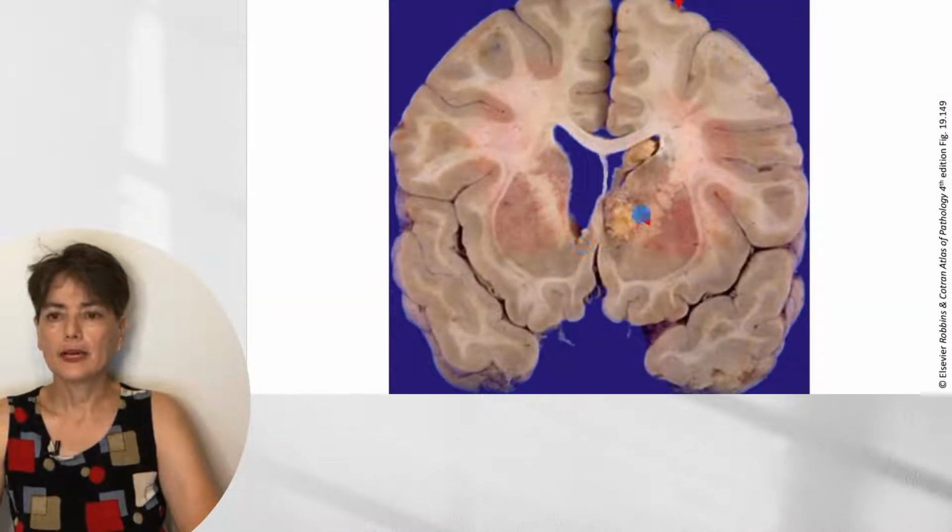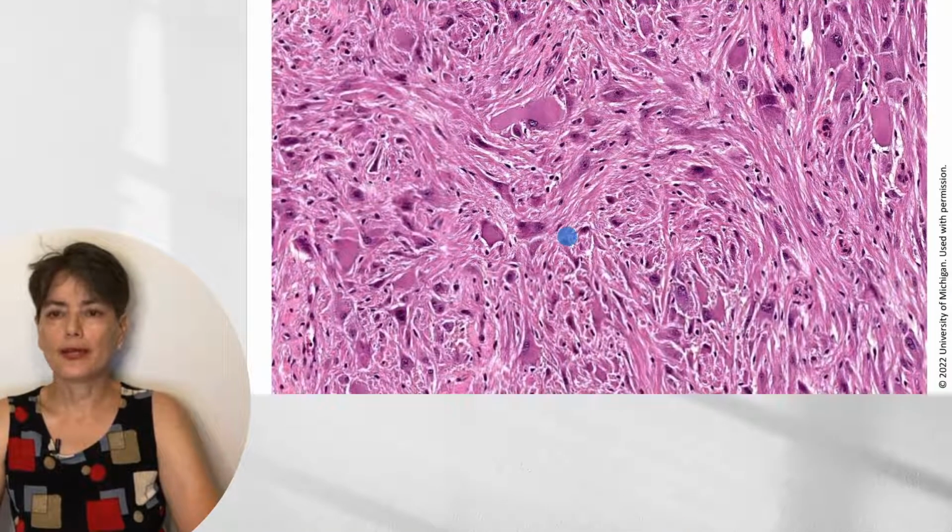Here you can see a subependymal nodule. It's got a little bit of calcification to it. And then this is the cortical tuber, so you can see this sort of expansion and widening of the gyrus. And then just one last image of tuberous sclerosis. This is, in fact, a subependymal giant cell astrocytoma. Look at those giant cells. This is due to dysregulation of mTOR.